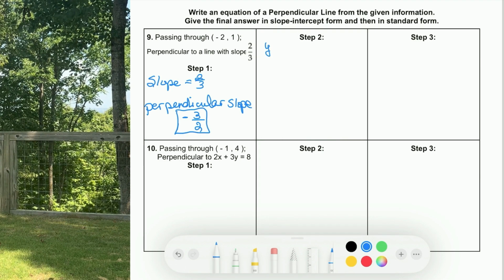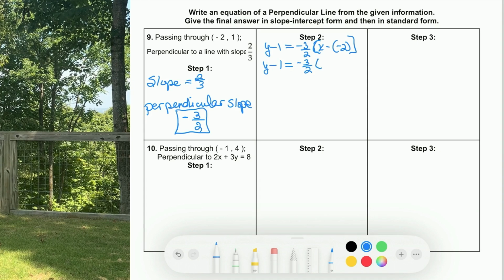So y minus 1 equals negative 3/2 times x minus a negative 2. I'm going to go ahead and do keep it change over there. So we have y minus 1 equals negative 3/2 times x plus 2.